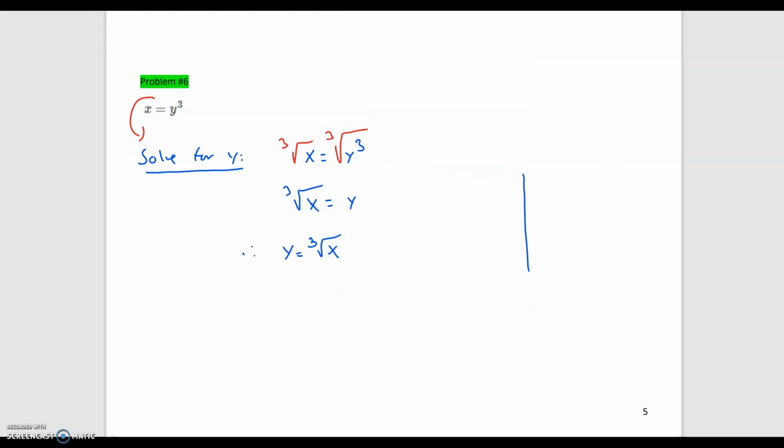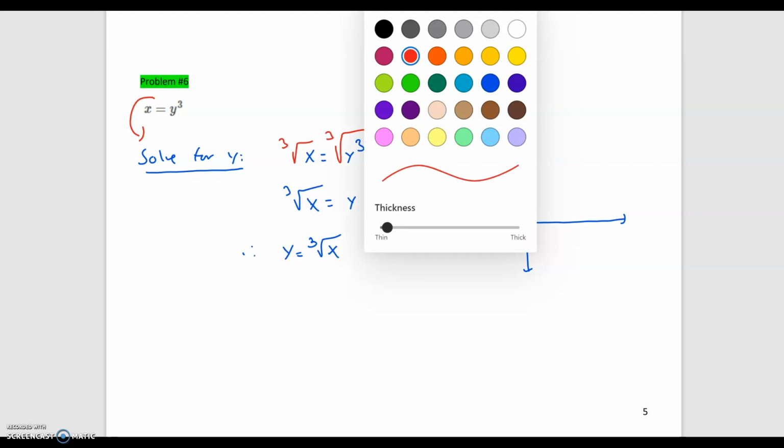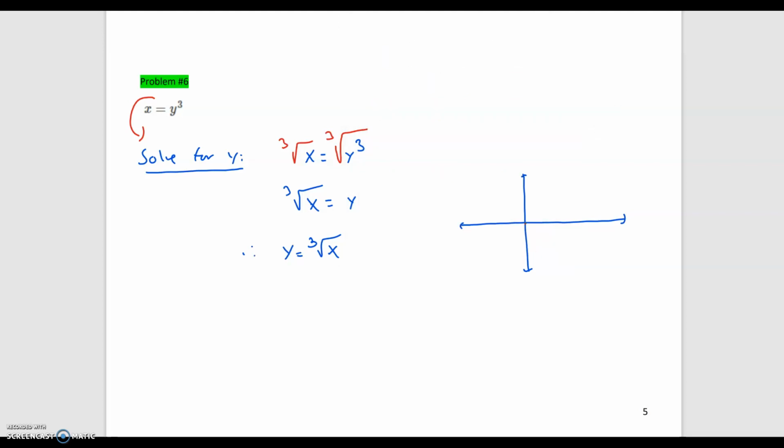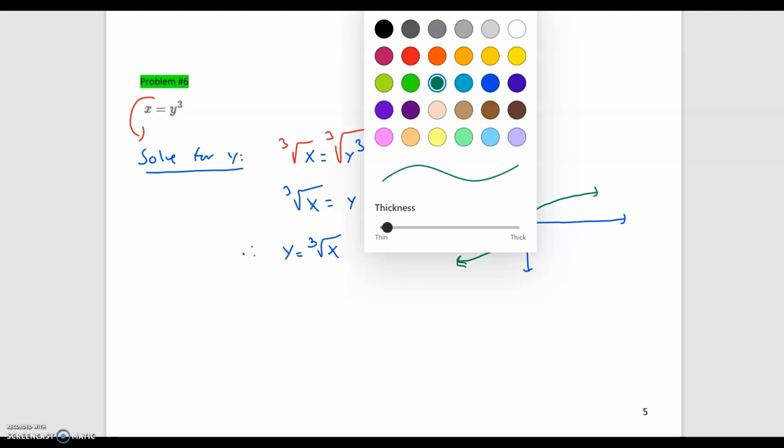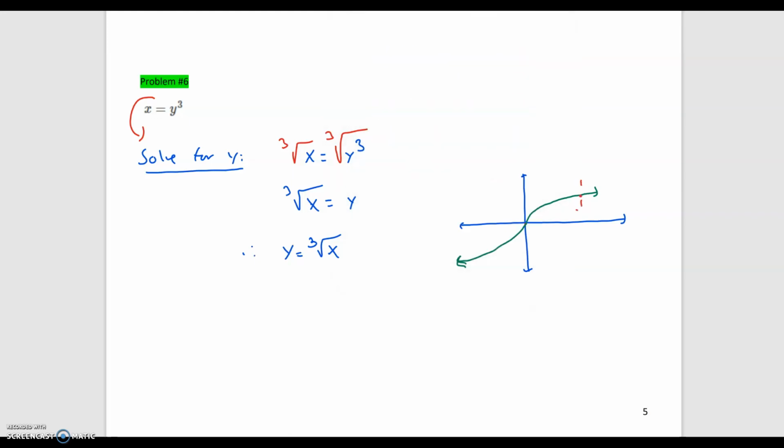Okay, in this case, let me provide the sketch of this one. As you graph the cube root, this one's gonna have this basic shape. So it's gonna go to the right in this direction and then this direction. And then notice that if you draw a vertical line, this one's gonna pass.